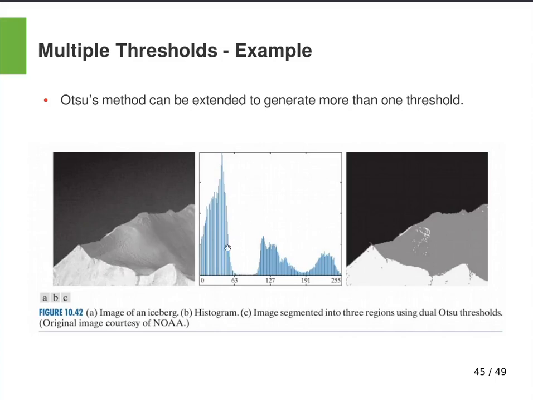If you draw the histogram, there are three peaks or intensity ranges visible that correspond to the background, this region and this region, right? So even visually it is not very hard to see three different groups of intensity values. If you apply a multi-threshold Otsu's method and do the segmentation, you can get this image.